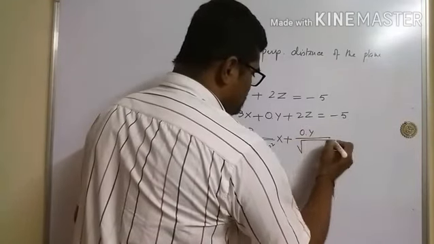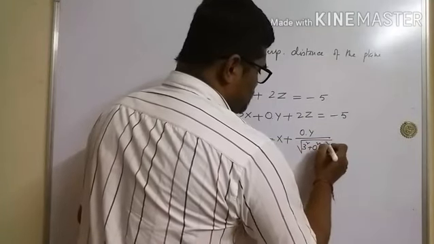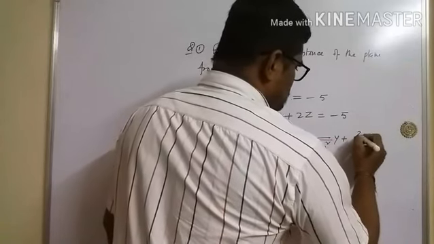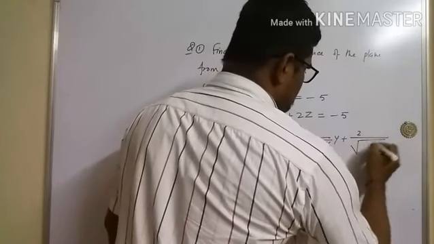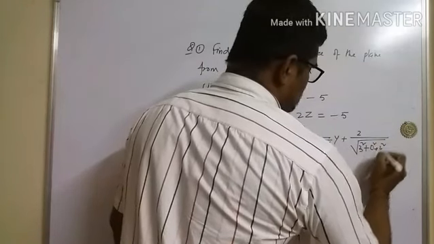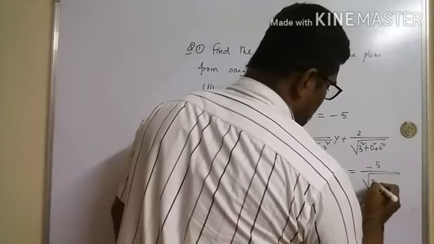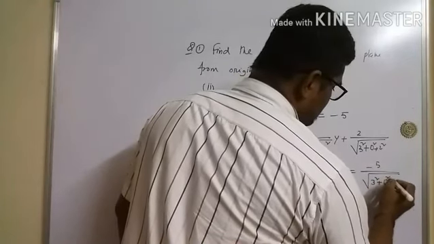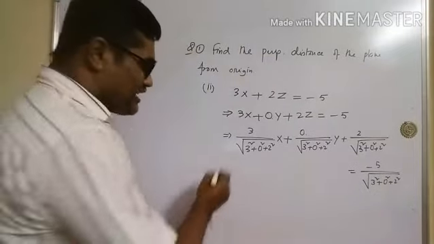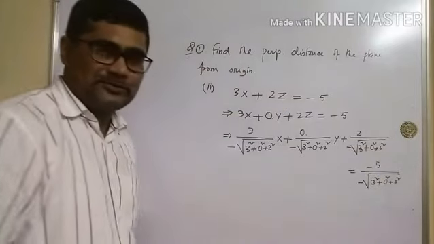You may not show this, no problem. And then 3x plus 2z, divided by root over 3 square plus 0 square plus 2 square, and right hand side is minus 5. I emphasize on the minus. Did you notice? Because I have to take the negative square root this time, right?